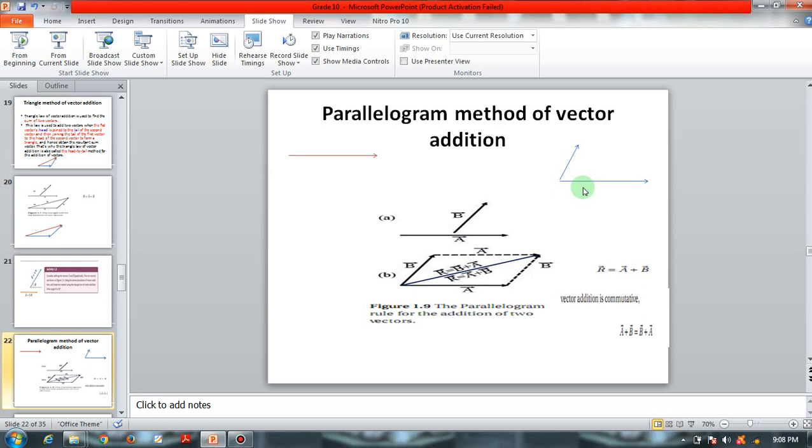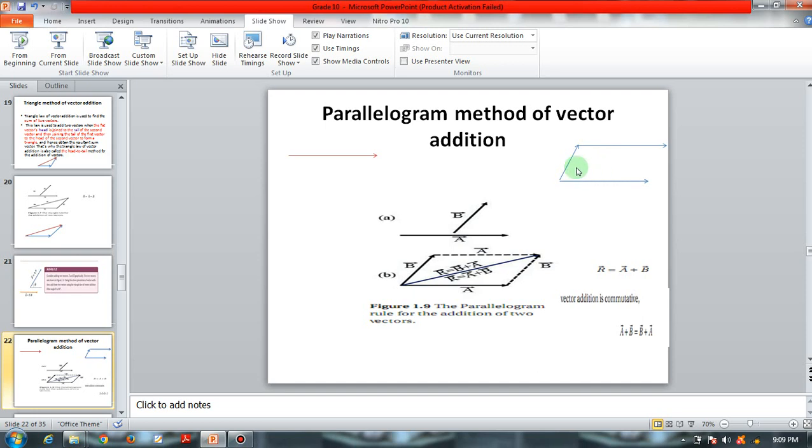And again, let's draw another line of the parallelogram, equal in magnitude and direction to vector A. This vector is equal to vector A, with the same direction and magnitude.